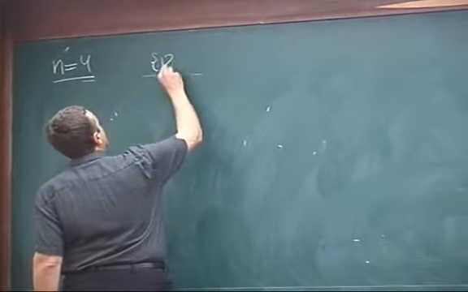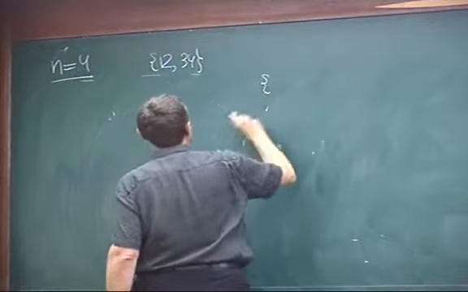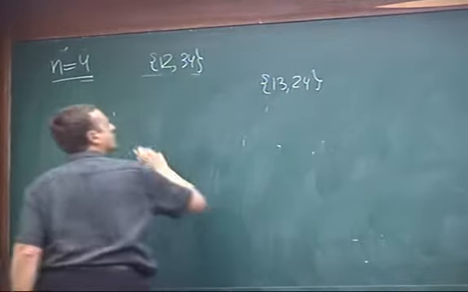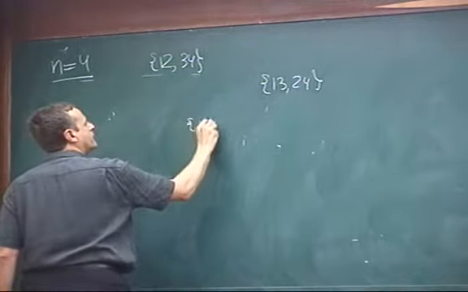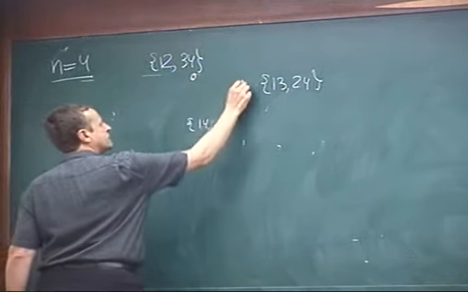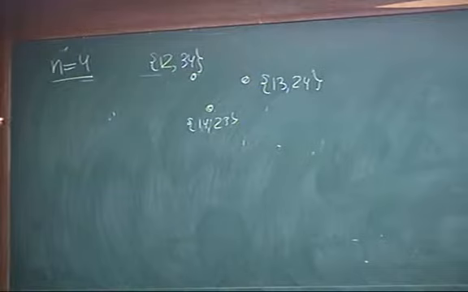So on a 4-element set, there are 3 splits: 12|34, then 13|24, and then 14|23. Those are the vertices. What about the edges? We have to connect two splits if they're compatible, but no two are compatible. So that's it. What I've drawn is a 0-dimensional simplicial complex.